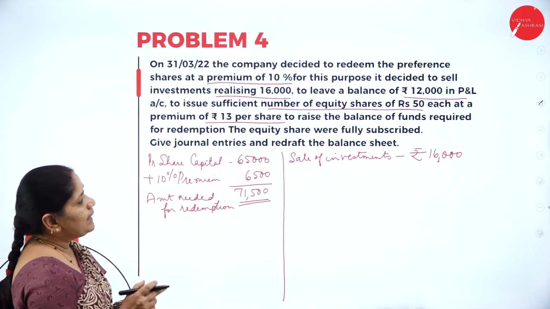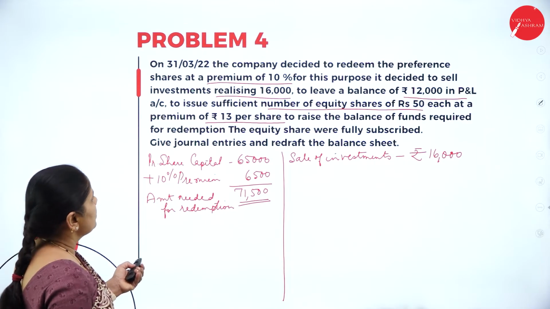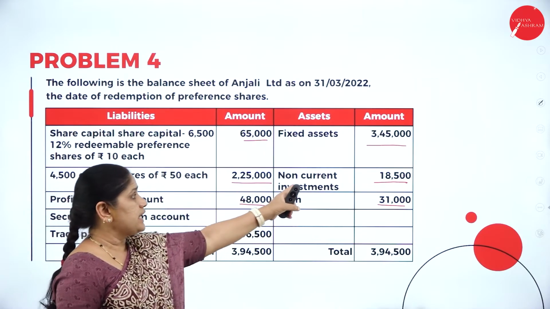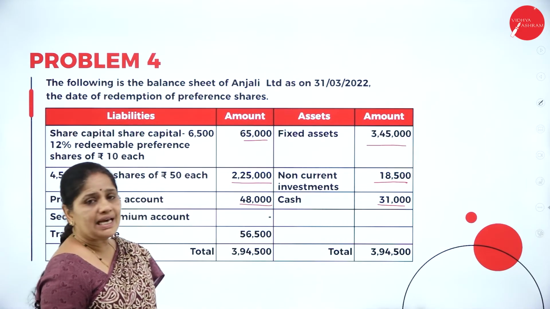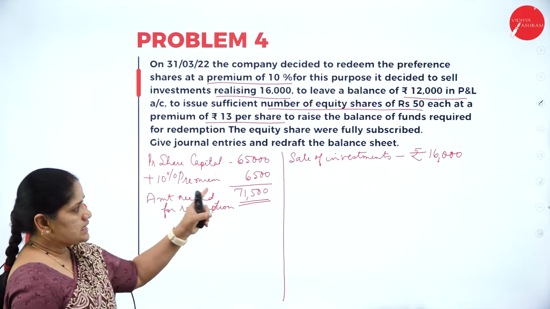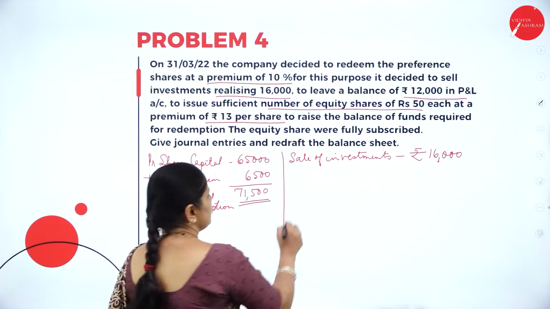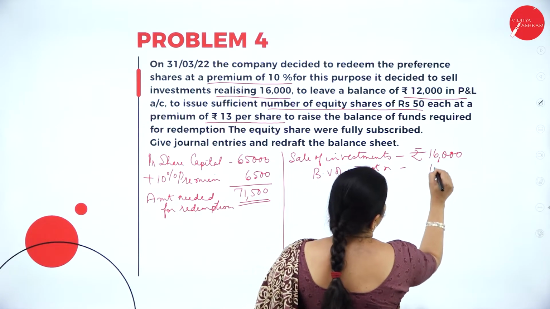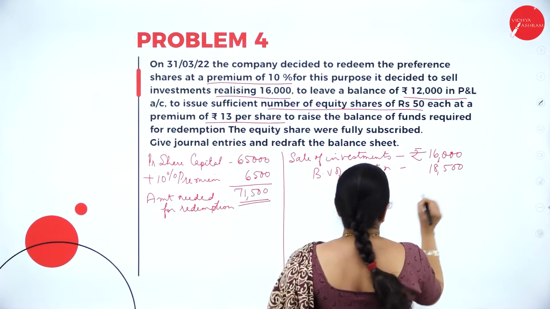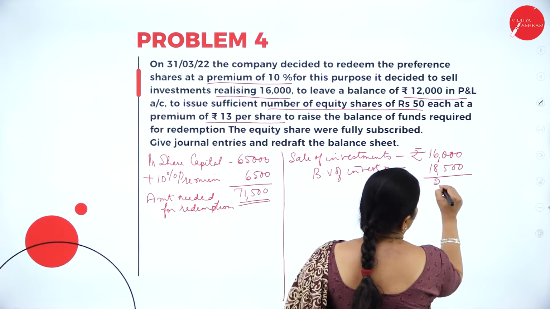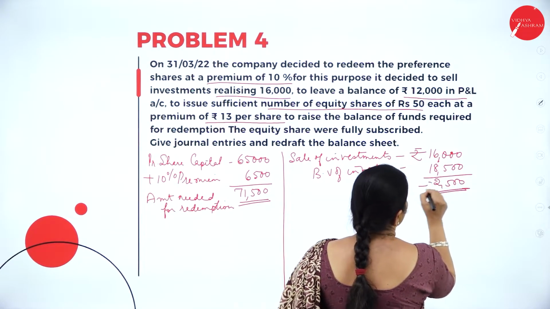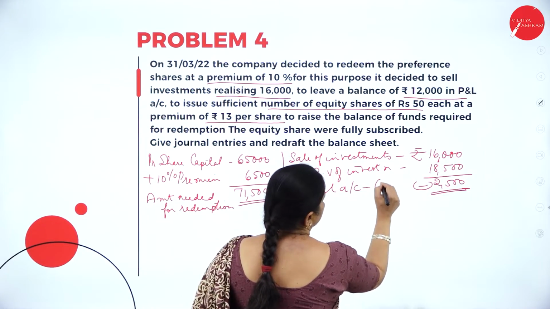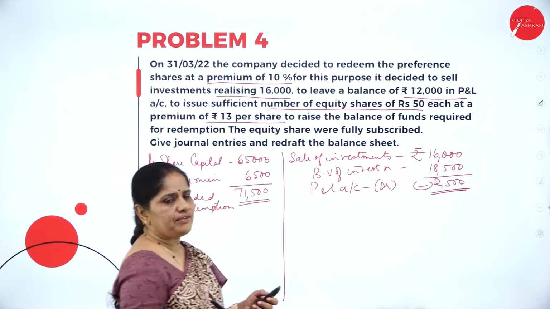The investment value is 18,500, the sale of investment is 16,000. So there is a difference of 2,500 loss, and we will have to debit the profit and loss account 2,500.